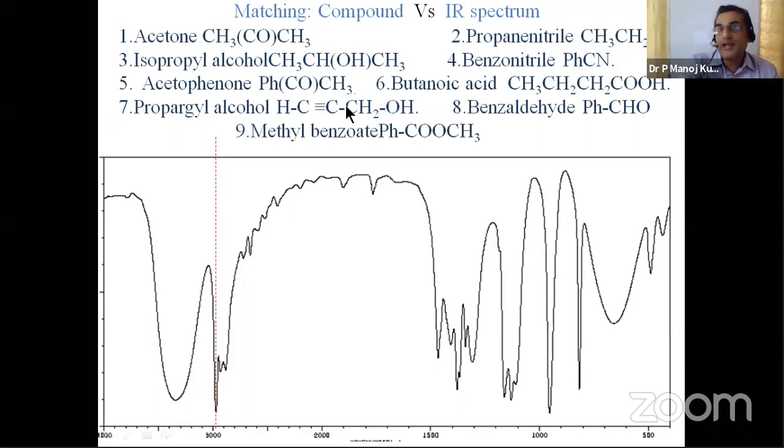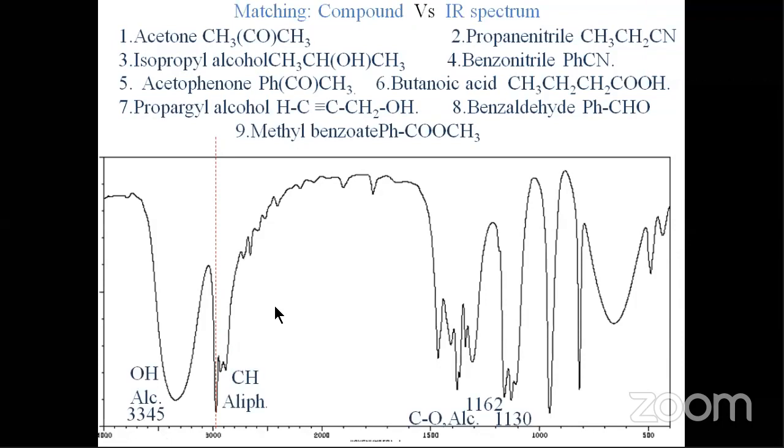It is not propargyl alcohol because you don't get any prominent C triple bond C in the third zone, that means you are not getting it at 2250 or 2150. And again, it is an aliphatic one. You can see very precisely that the vibrations you are getting are below 3000. So the answer is correct: isopropyl alcohol.